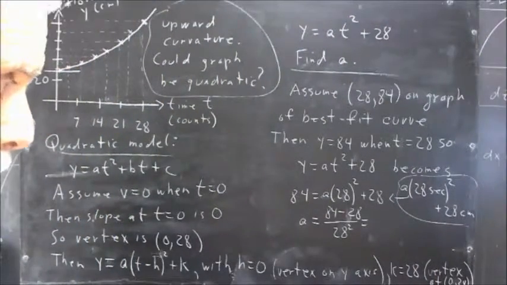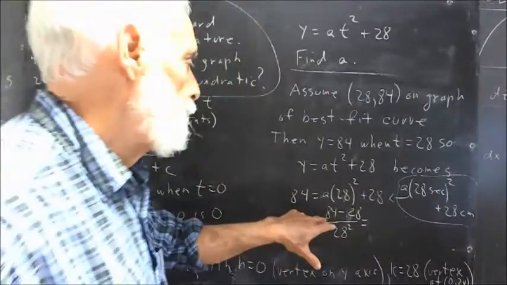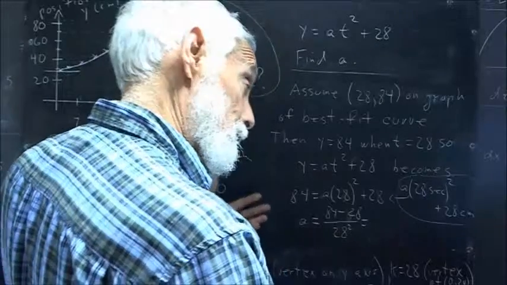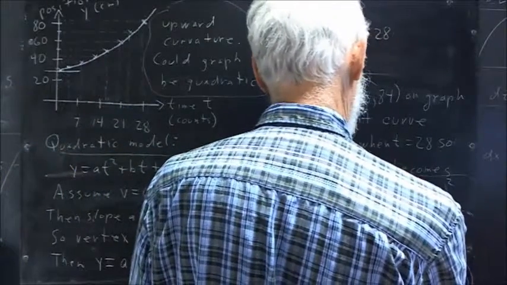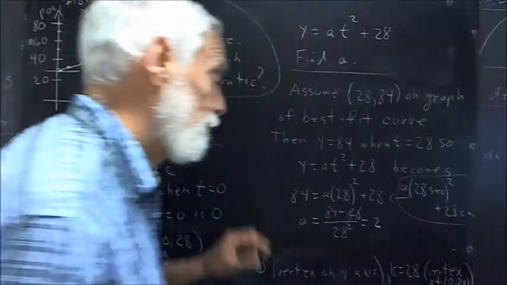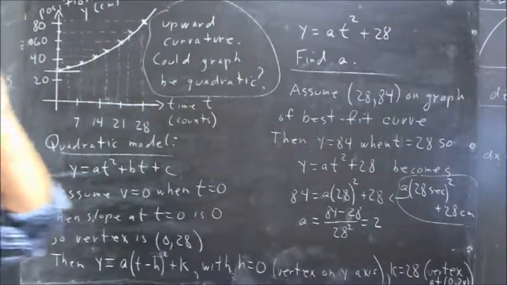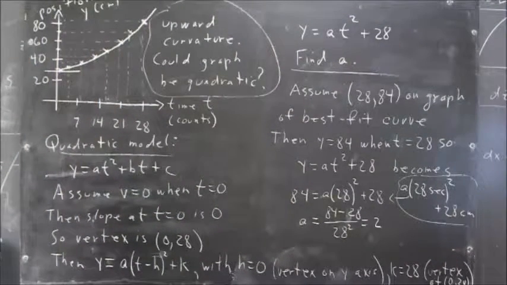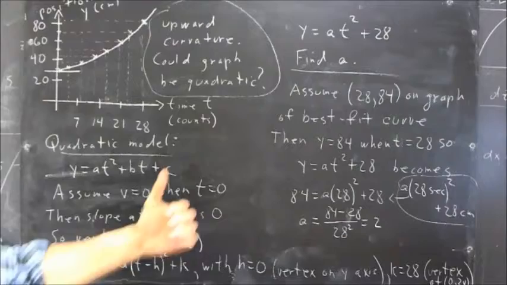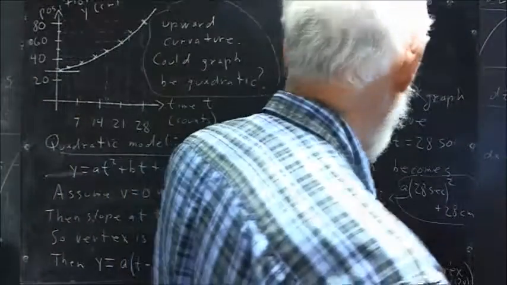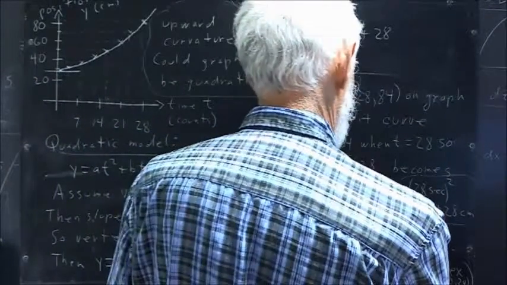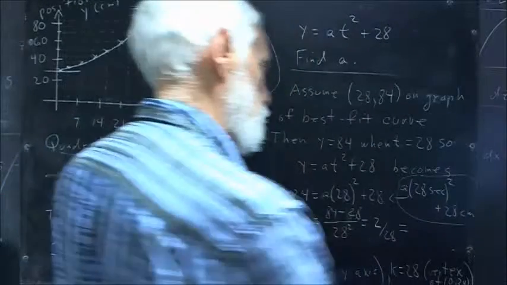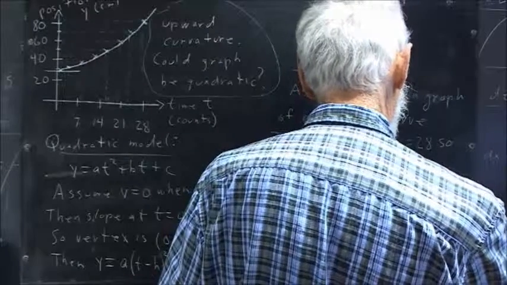We have all kinds of coincidences going on here, and they're unrelated. 84 minus 28 is 56. 56 over 28 is 2. Wait, I'm sorry, it's 56 over 28 squared. 56 over 28 is 2. That's actually going to come out 2 over 28 for reasons you don't need to completely understand. That's 1/14, which is approximately equal to 0.07.